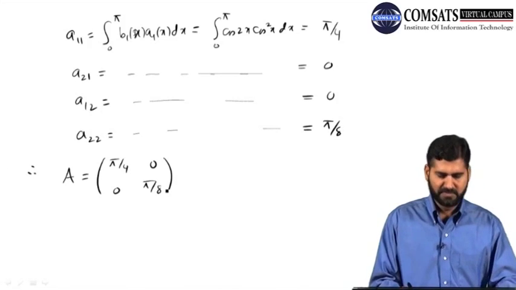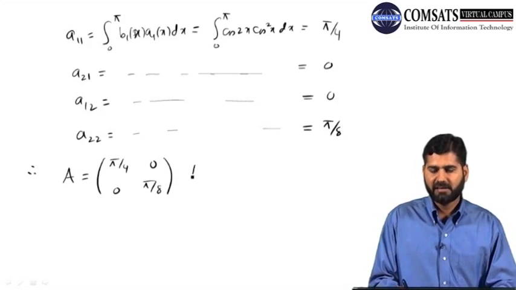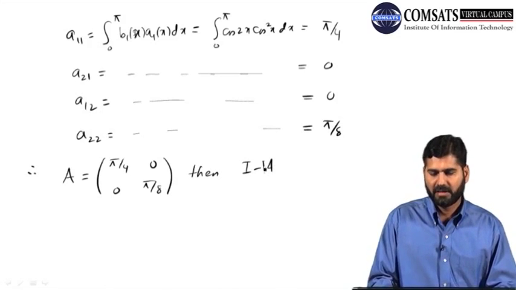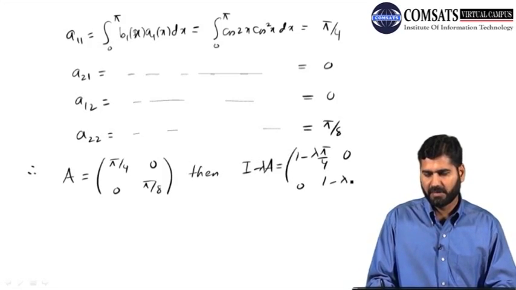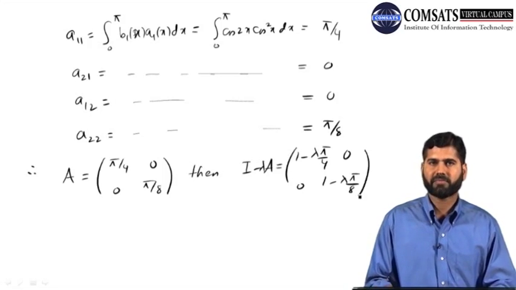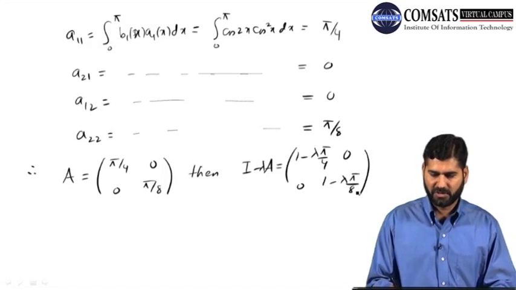All right. So if this is the case, then what will be I minus lambda A? I minus lambda A will be 1 minus lambda pi by 4, 0, 0, and 1 minus lambda pi by 8. Right? So this is what you got here.